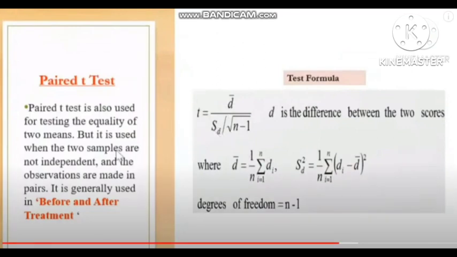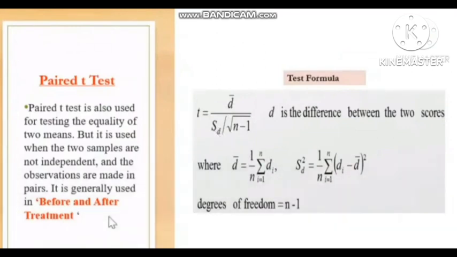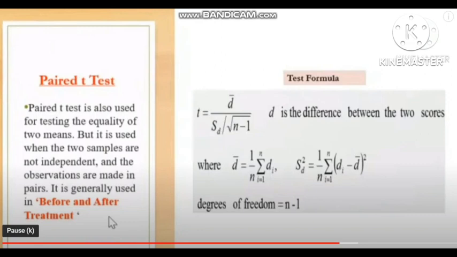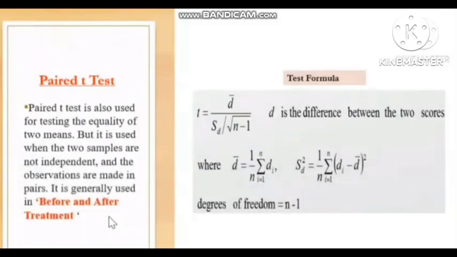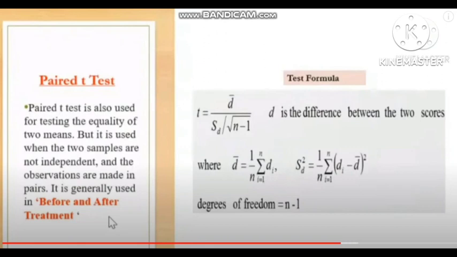We would calculate the value of t, and again, if this calculated value of t is greater than the tabular value of t at n minus 1 degrees of freedom, then we would reject the hypothesis.